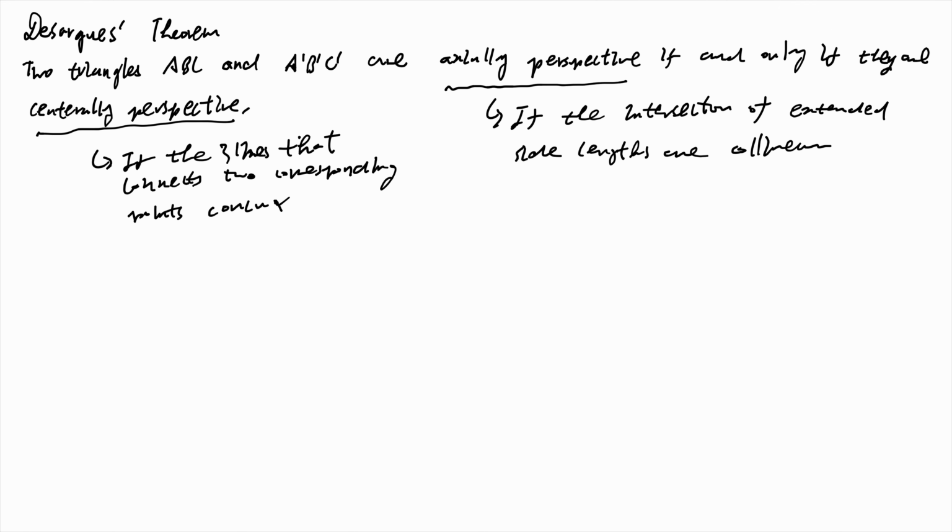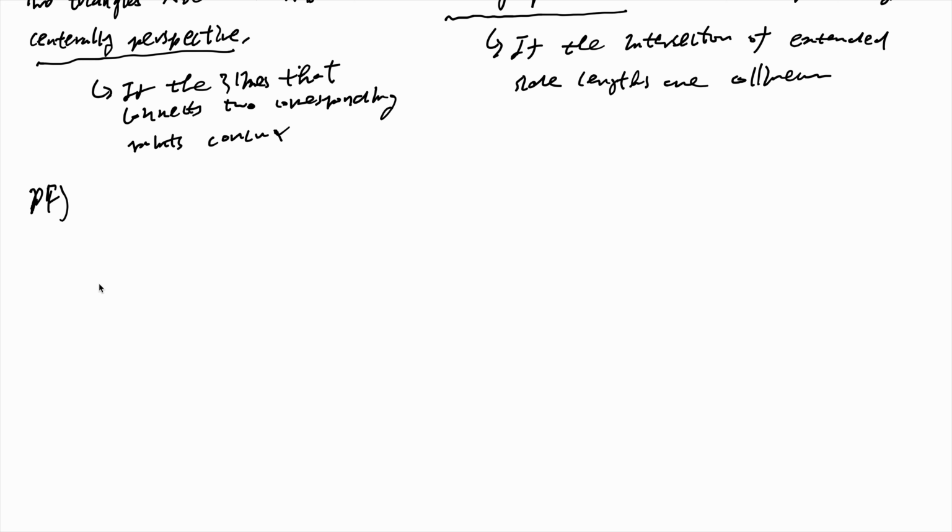Actually, proving is quite easy. I mean, it's not that easy, but we can use Menelaus theorem 3 times, and that will simply lead us to the answer. However, let's define Menelaus theorem before that.